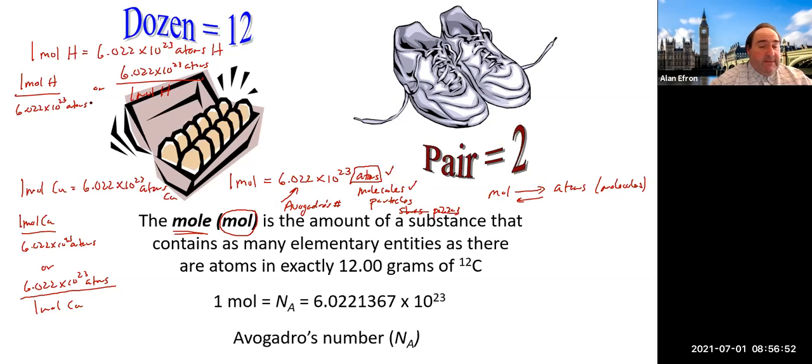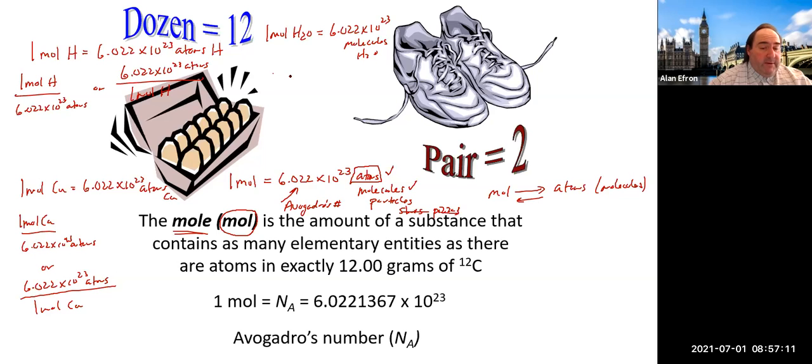So we could definitely say, for example, in 1 mole of water, there would be 6.022 times 10 to the 23 molecules of water, which also would lead us to 2 conversion factors.